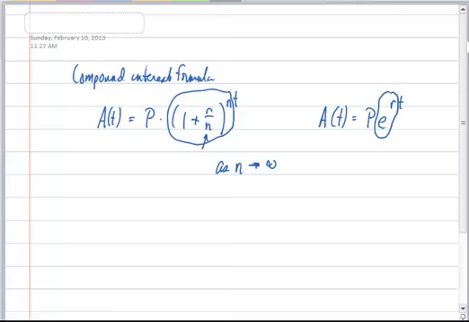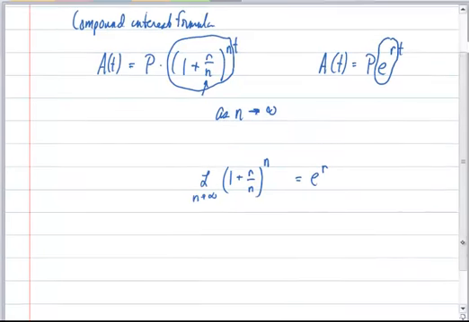So what I'm going to do is set out to do the limit as n goes to infinity of 1 plus r over n to the n power, and as n goes to infinity, that will equal e to the r. So let's see how we're going to start this off.